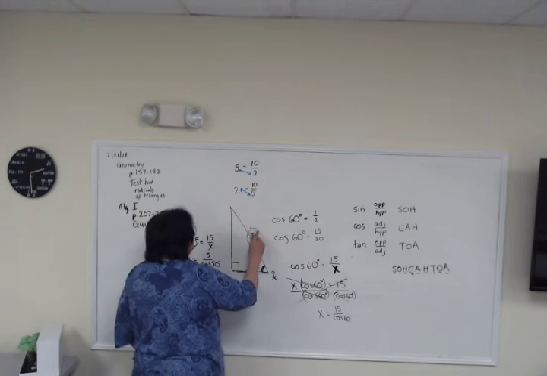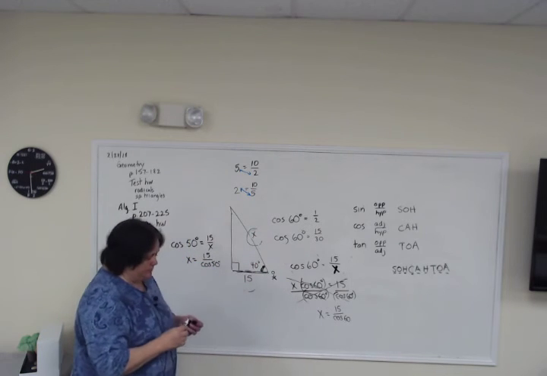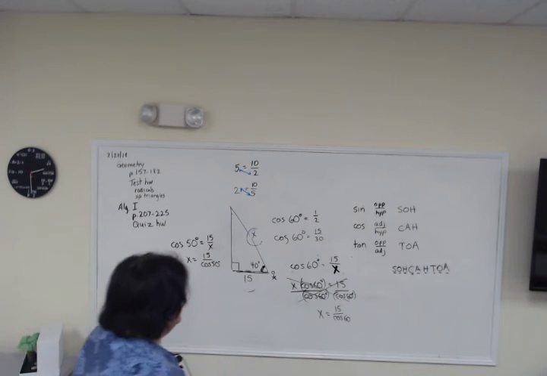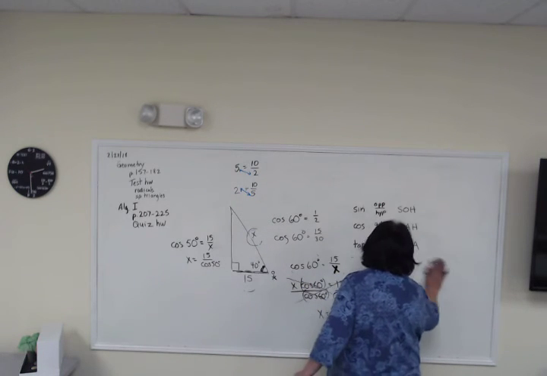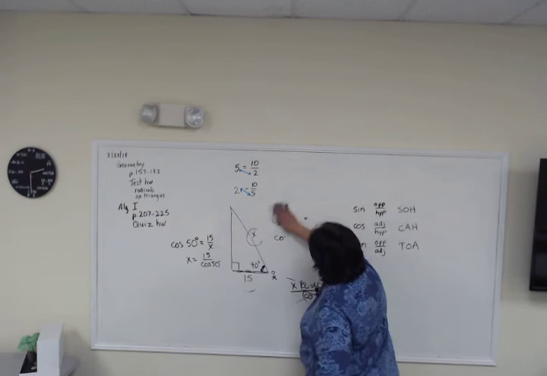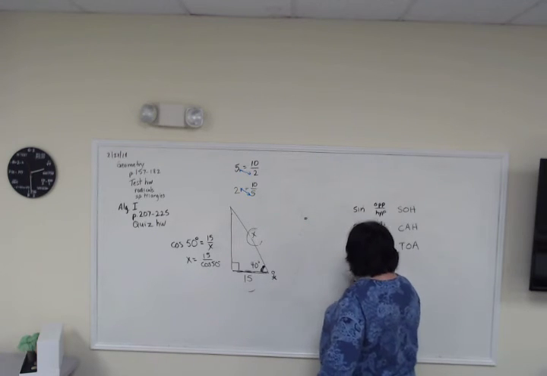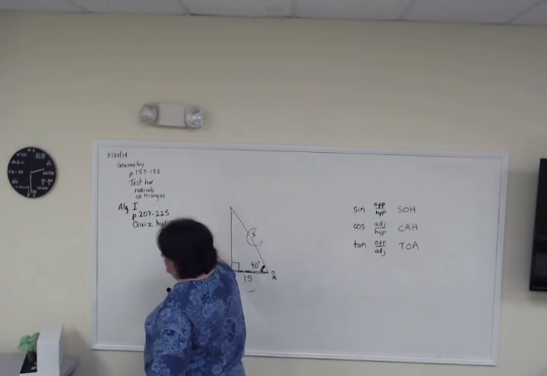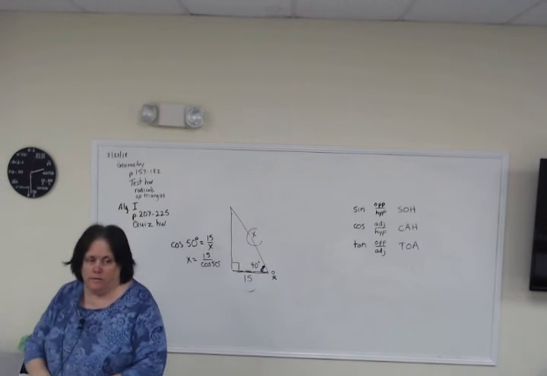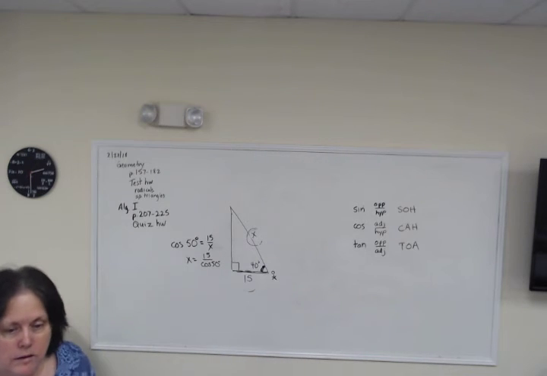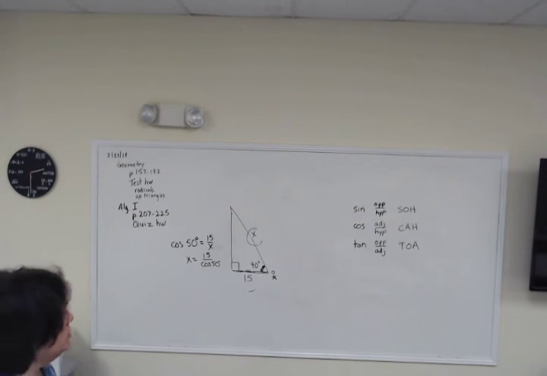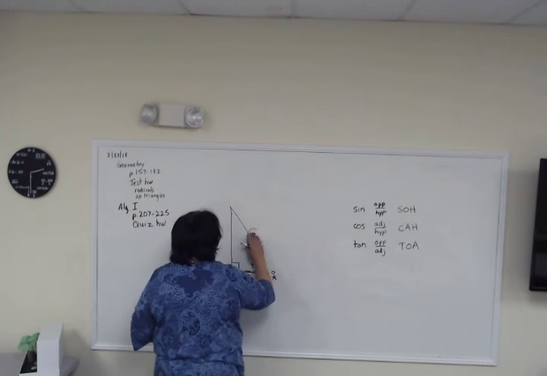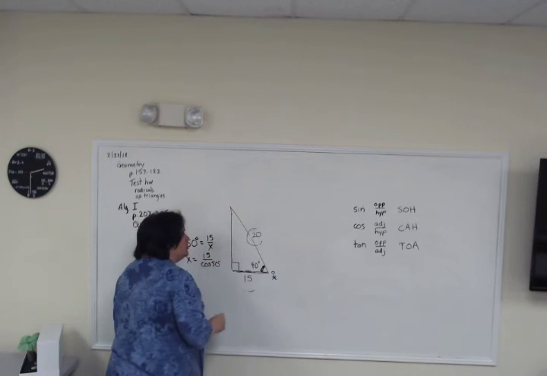Then what would the length of this side be? Rounded to 20. So it's even a little bit shorter than 23. As I bring this angle in more, it gets shorter, doesn't it?